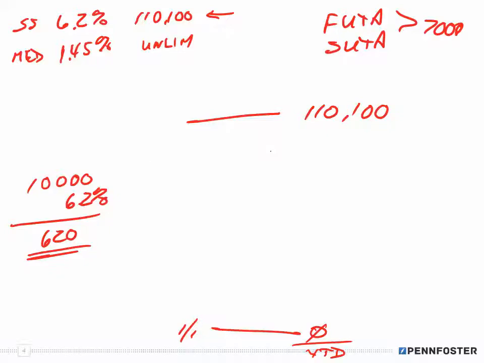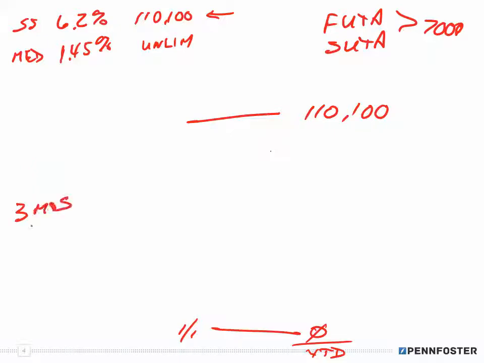Now, to make things easy, let's say the owner of the business gets paid quarterly. It means every 3 months. And they get paid $30,000 every 3 months. So at the end of March, they're paid $30,000.